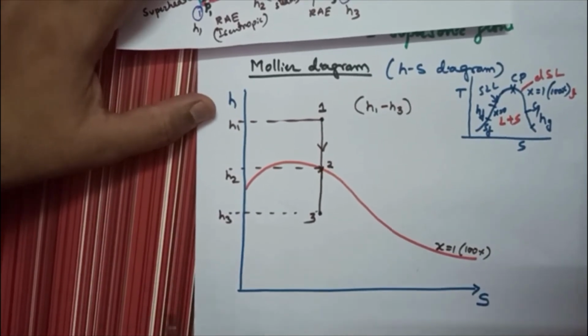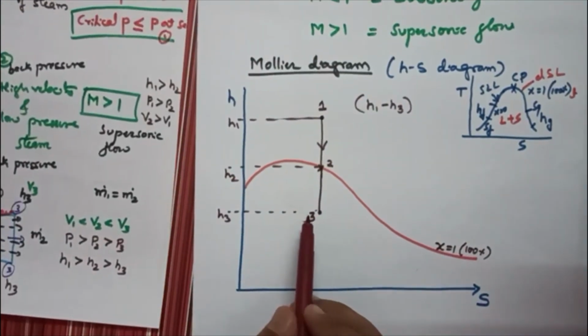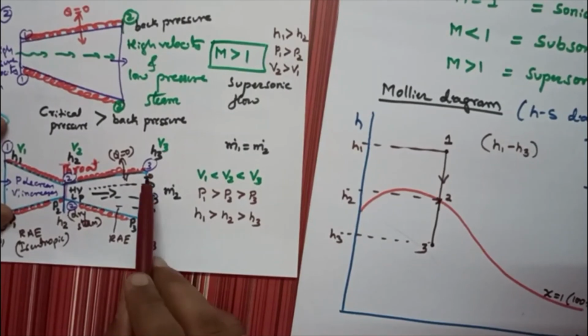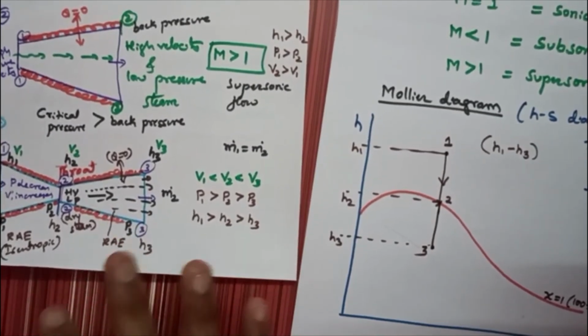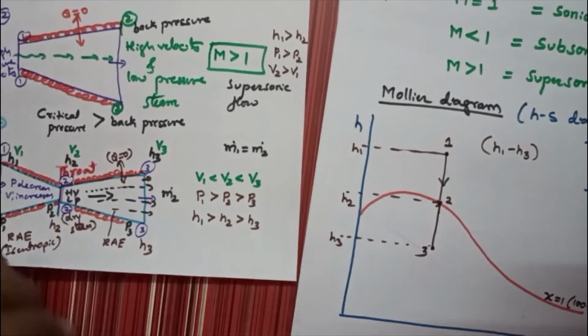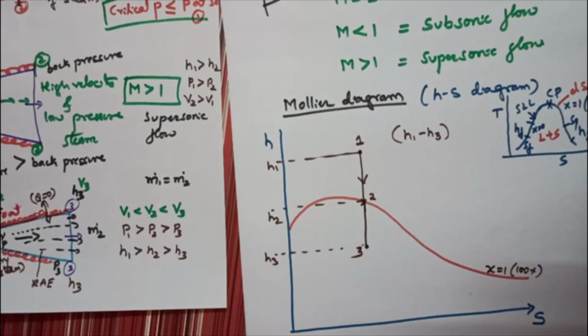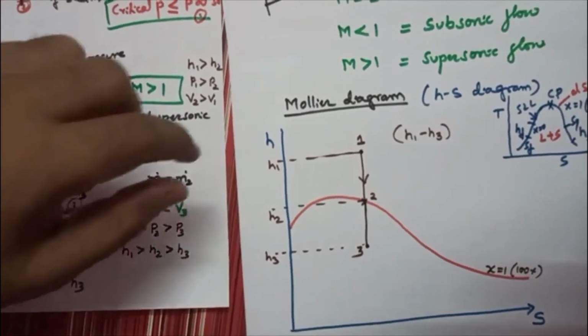Okay, so if they ask what is the value of x3, the quality of steam at point number 3, here it is not dry steam, it is wet steam. When steam is coming outside the nozzle, there is a little bit of water percentage. So we will draw one curve. It is an example, not exact values.